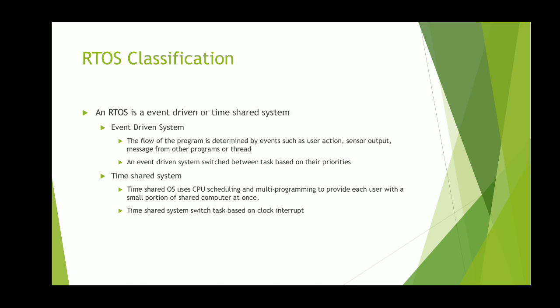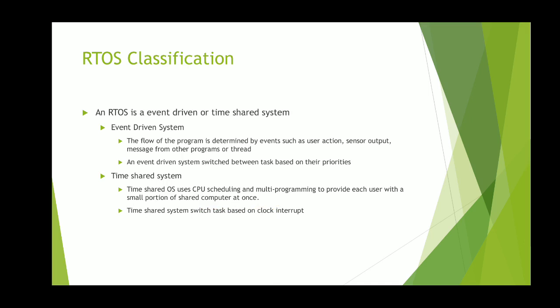And another classification of the real-time operating system based on the CPU scheduling is the time-shared system. In a time-shared system, the operating system uses CPU scheduling and multi-programming to provide each user with a small portion of the shared computer at once.